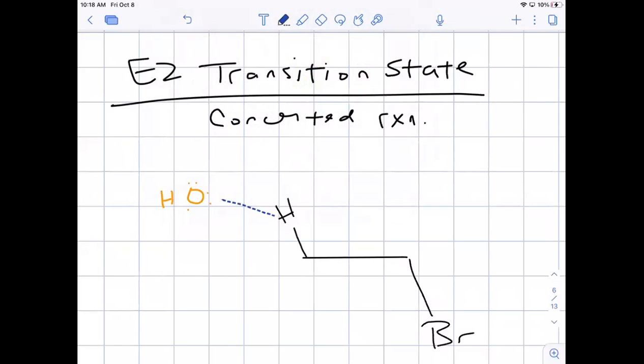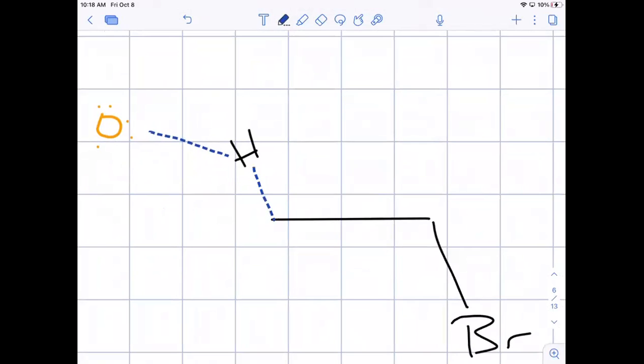So that's a partially formed bond, right? The C-H bond is going to get broken. So that's partially broken. I'm also forming a pi bond, so I'm going to put a partially formed pi bond here. And then I'm also breaking the C-Br bond.